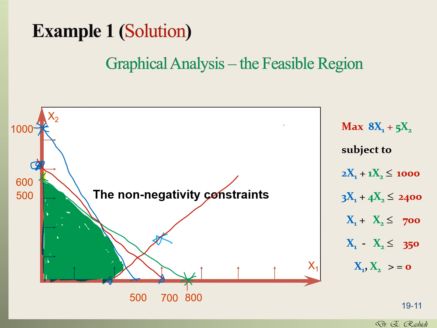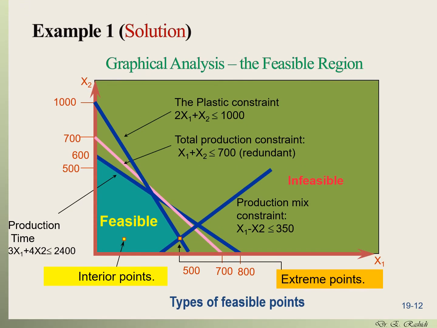Now I'm going to show you a better version of this, which is not drawn by hand. This is our well-drawn plotting of the problem. We have our feasible space shown here in this bluish area, and the infeasible space is all in green. You can see all the constraints shown here.